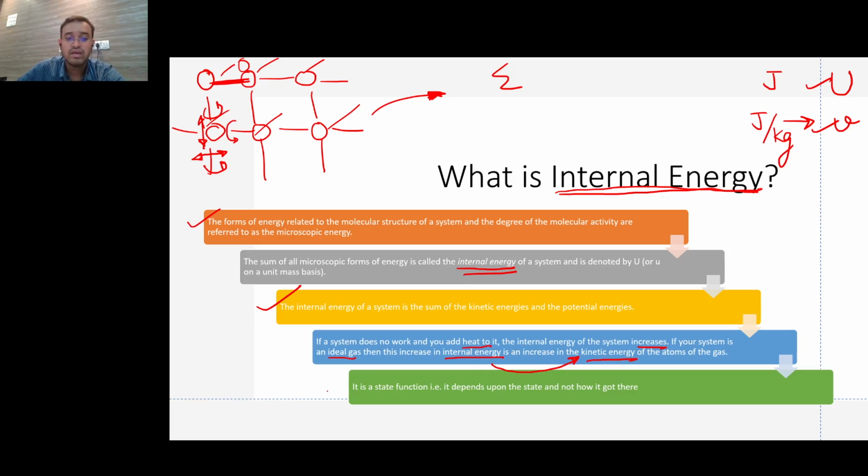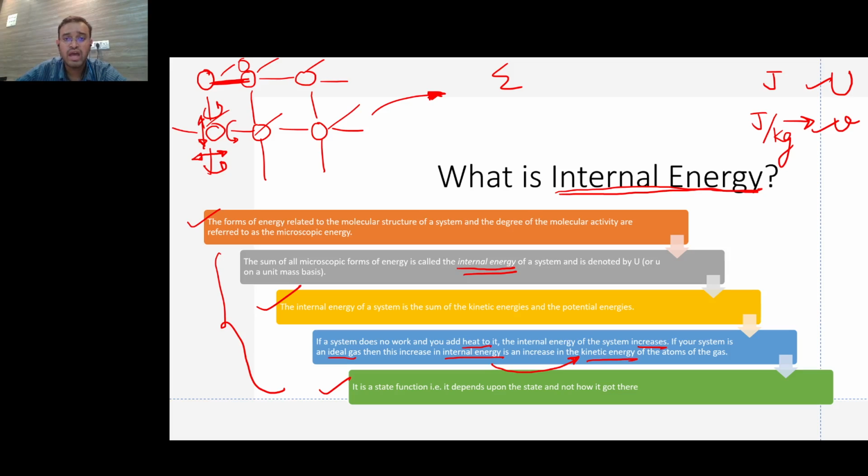We also know that internal energy is a state function. It does not depend on what the process was, it just depends on the final state of the entire system. It does not depend on how it achieved that state. So this is the introduction of internal energy.